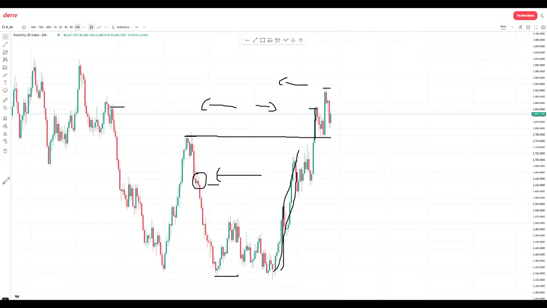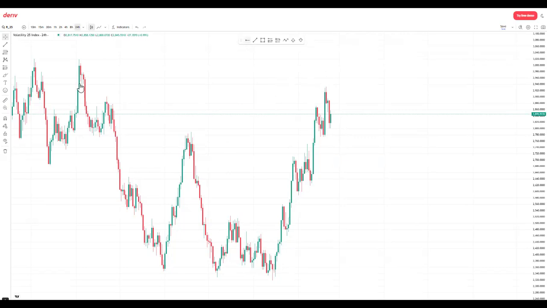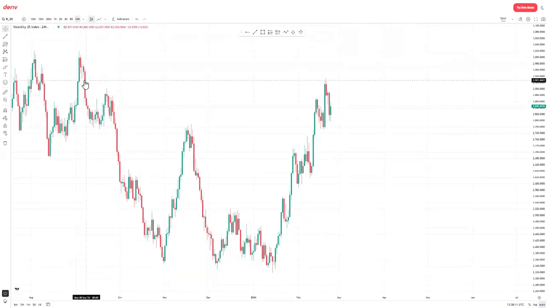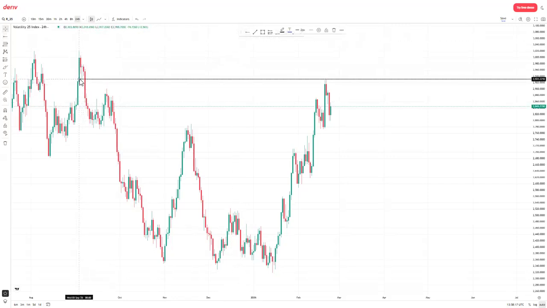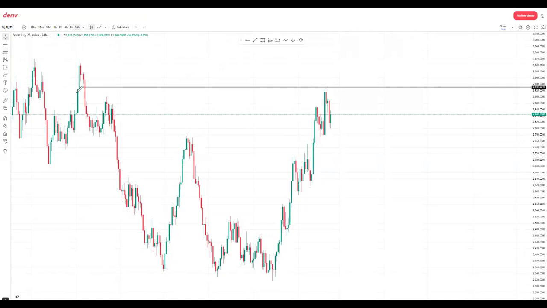Now, let's go deeper into our chart. If you check here, you have a continuation pattern. This is the daily chart. So what I'm going to do, I will just mark this one as a break structure. Can you see what happened? Now, I will prefer to use this one as the break structure.